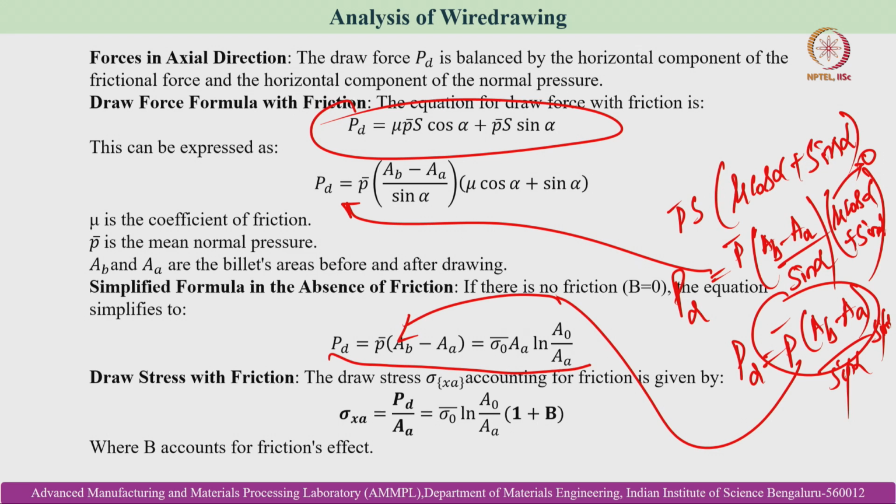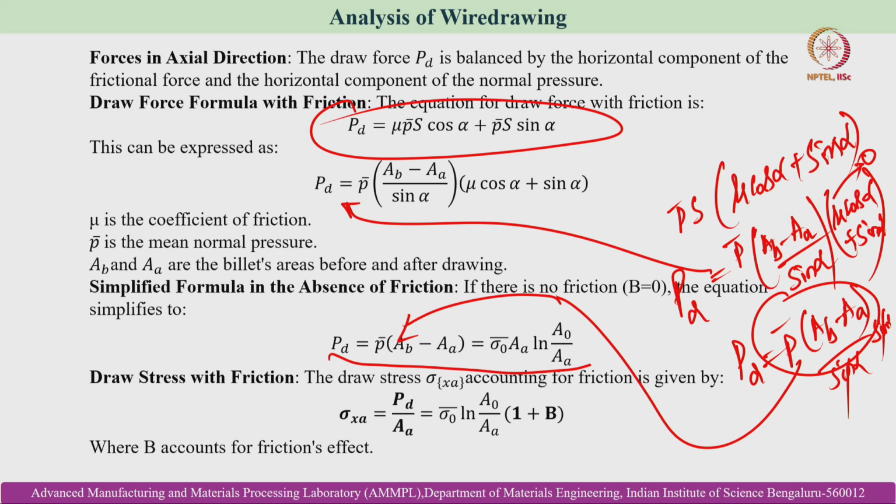So, it is equal to sigma 0 bar ln, because A a, the final area at the bottom, gets cancelled as we divide by the final area, and then sigma 0 bar ln A 0 by A a into 1 plus B. So, this is the draw stress with friction.